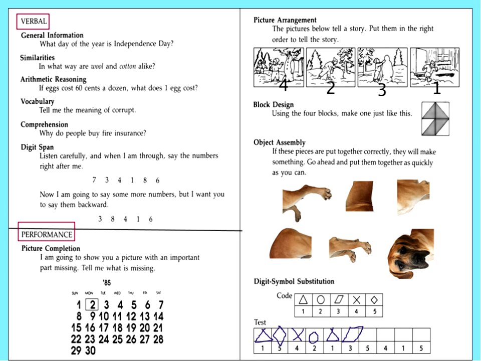Questions, comments, any reactions to those IQ test items? Is that sort of what you would expect an IQ test to involve? Lots of different things: vocab, memory, speed of processing, problem solving, storytelling, puzzles, all that kind of stuff.